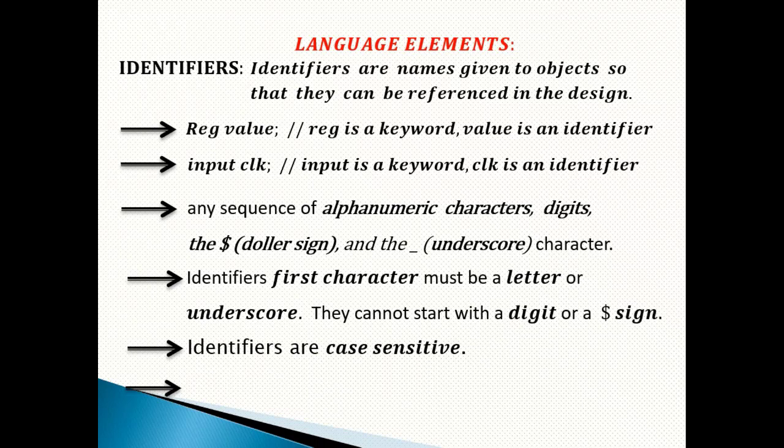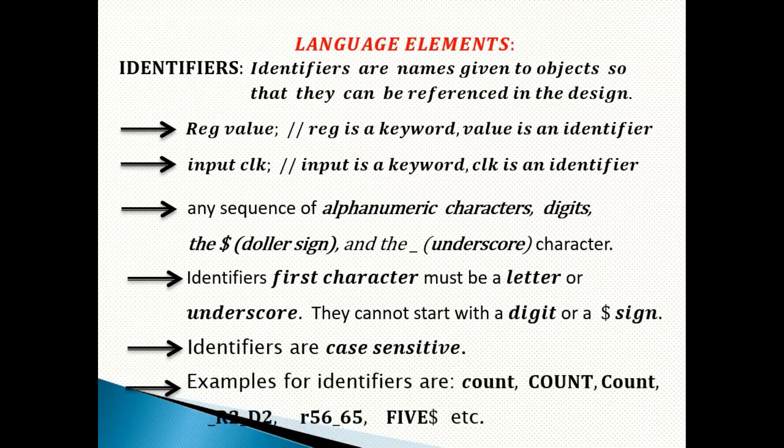Here the identifier written in uppercase letters and lowercase letters are different. For example, count in lowercase and COUNT in uppercase are different identifiers. Some valid identifiers are _R2_D2, R56_65, n$5, etc. These are all valid identifiers.